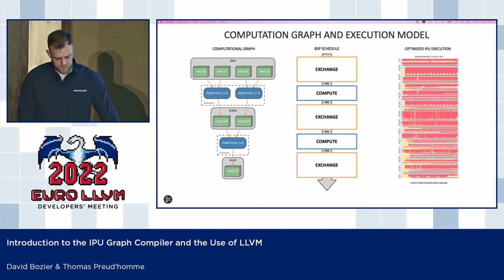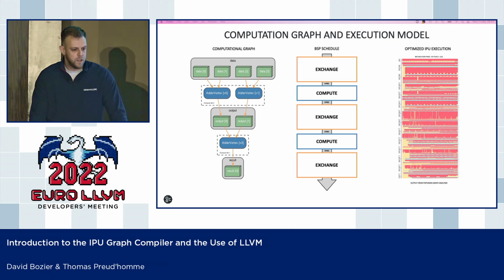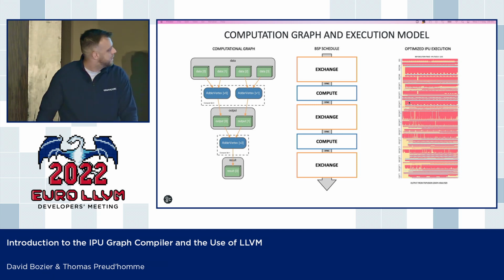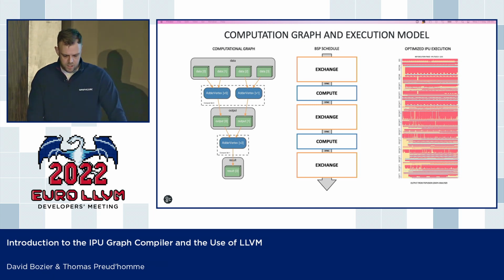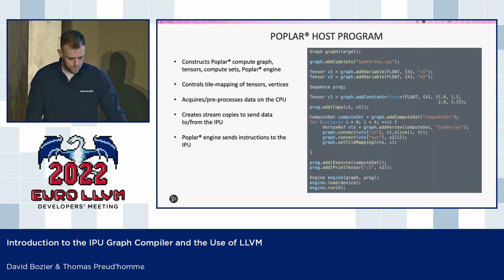And this model allows us to efficiently execute large computational graph applications on the processor. And then on the right, we can see a screenshot from our PopVision graph analyzer tool. And this shows us the utilization across all of the tiles on our device, so we can see how well we are doing.